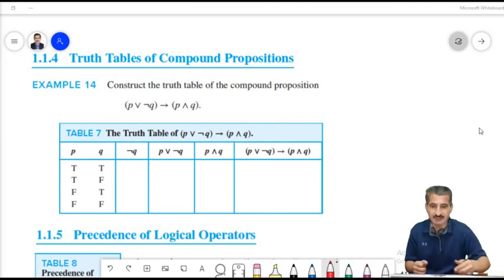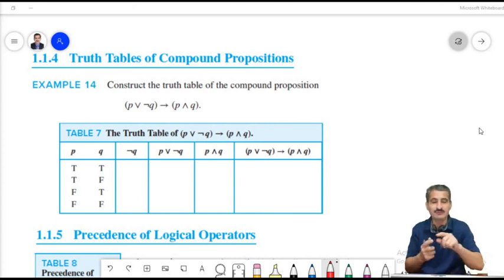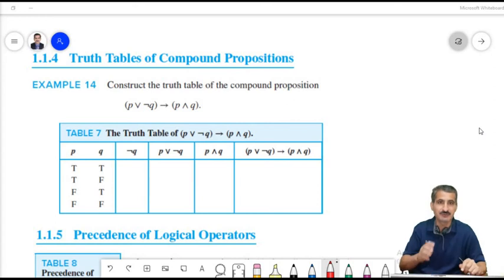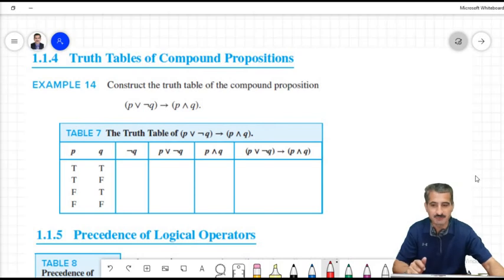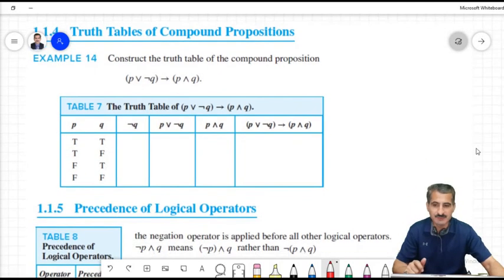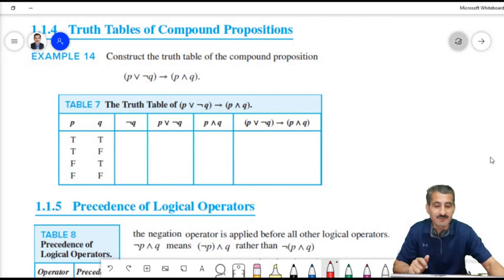You see in here in this example we're using the disjunction, which is the or. We are using the negation, not P. We're using the conjunction, P and Q, and then we're using implication. So we are using the 4 logical operators to make a compound statement out of P and Q, and we want to see the truth values of this compound statement.